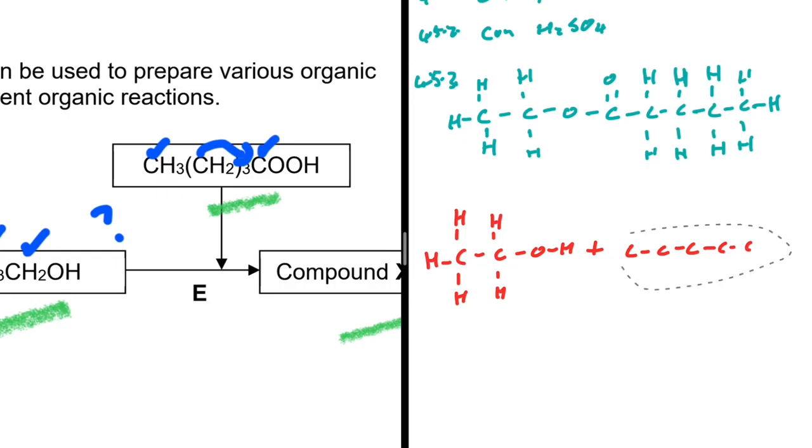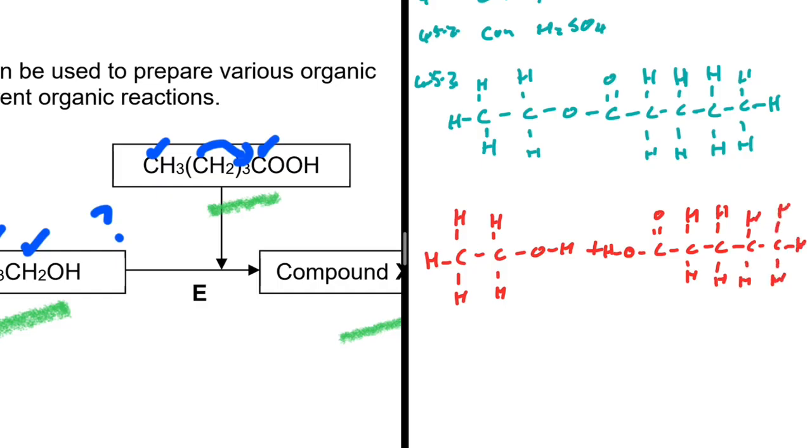Let me put these a little bit to the right so that it will be easy to see when we remove our H2O. Hydrogen everywhere else. There we go. So what happens is that the alcohol loses the hydrogen and the acid loses the OH.